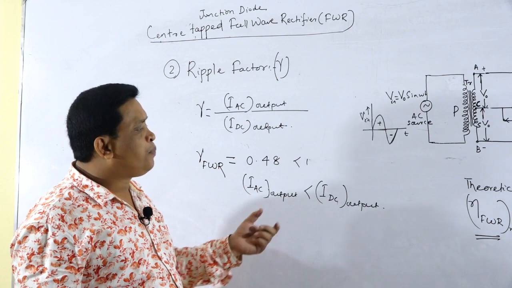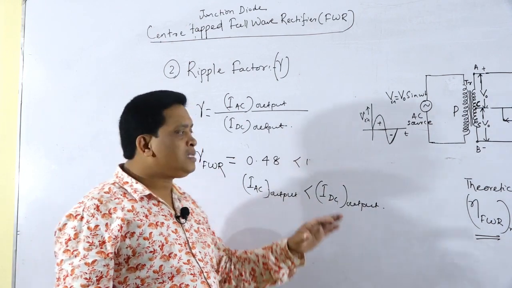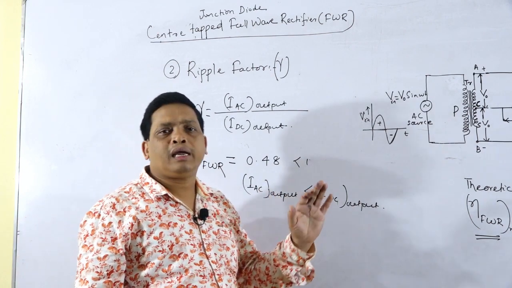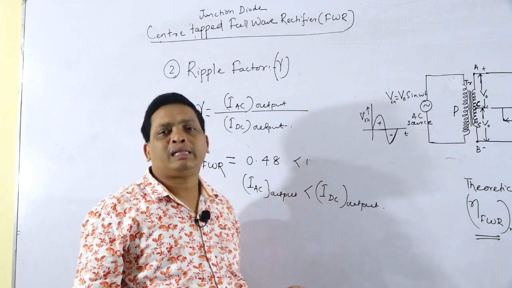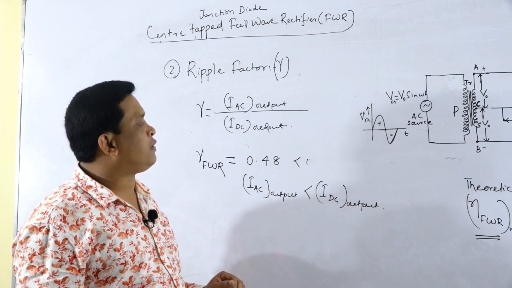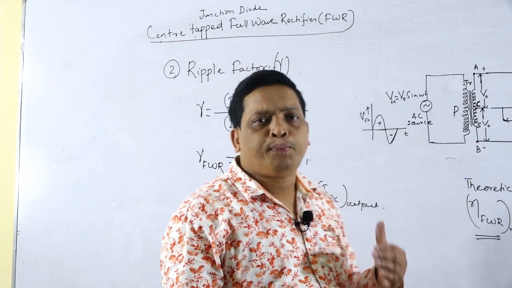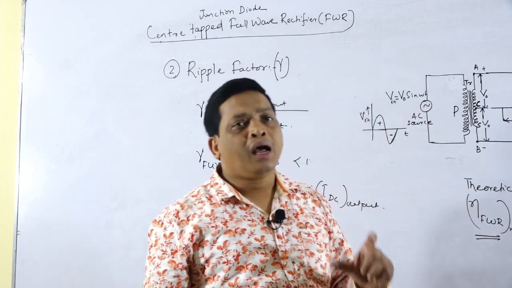That means the full wave rectifier circuit is rectifying the AC to DC in a better way than the half wave rectifier circuit.